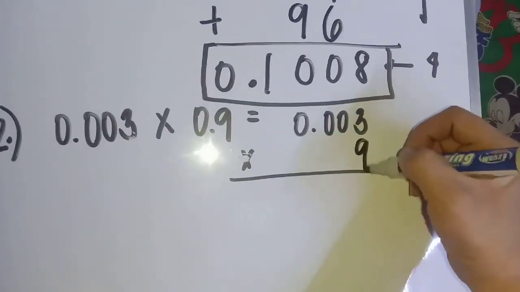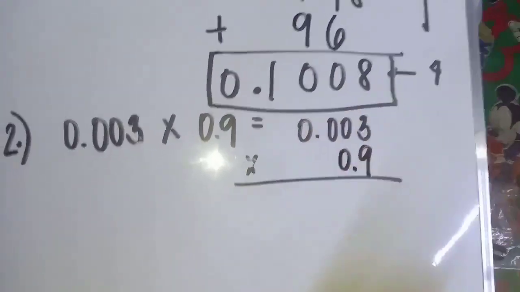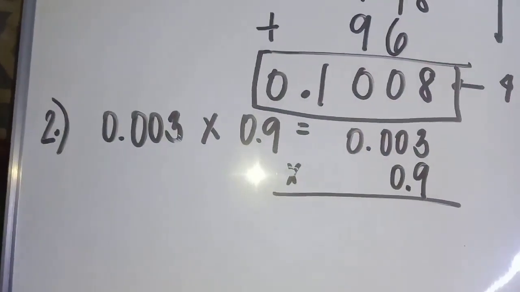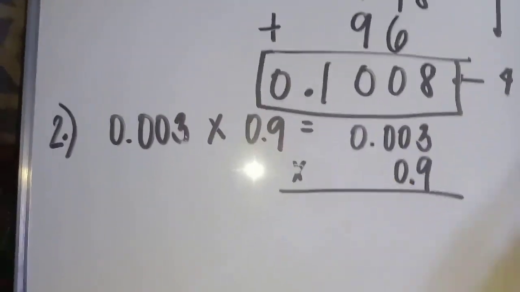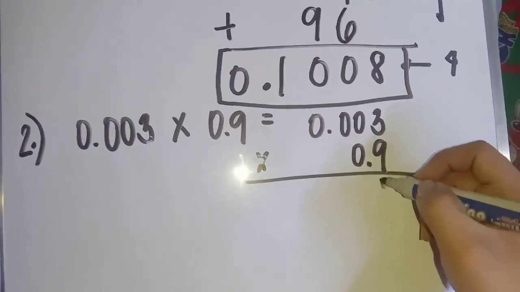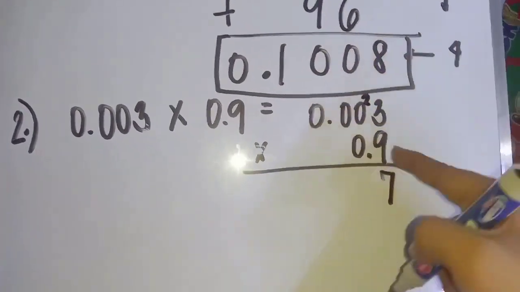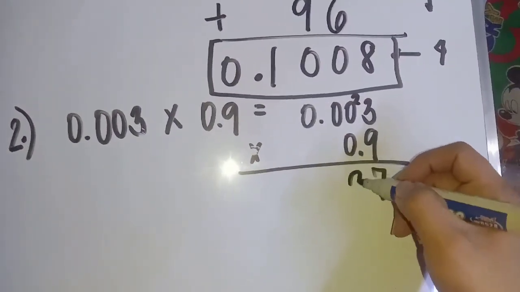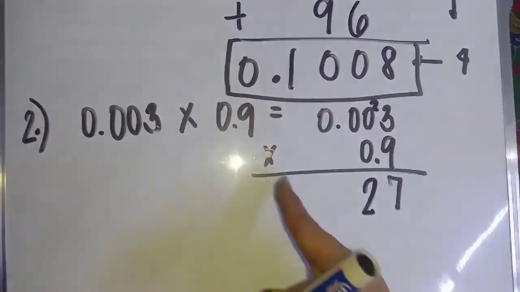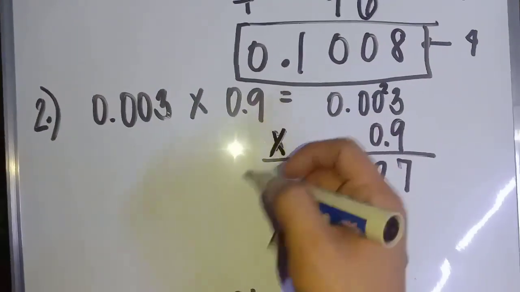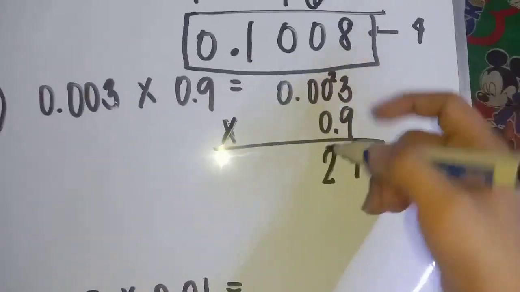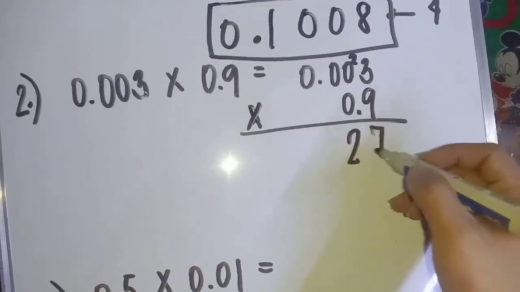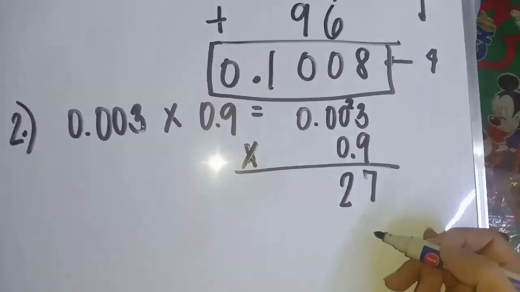So we have 9 and we have 3. Then do the usual multiplication. So 3 times 9 is 27. Carry 2. 9 times 0 is 0 plus 2 is 2. Then 9 times 0 is 0, so wag na nating lagyan ng 0 dito. So we have here 27 as the product.